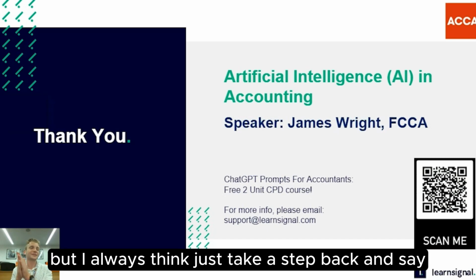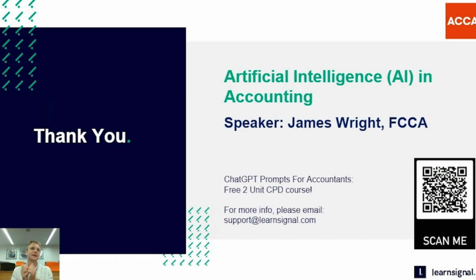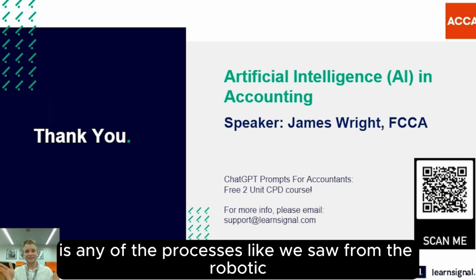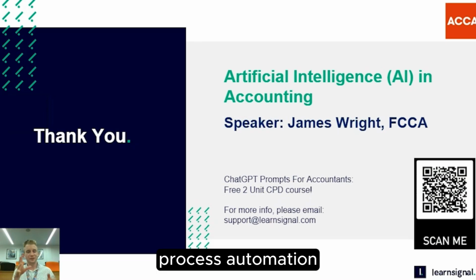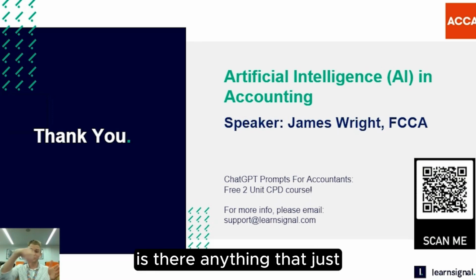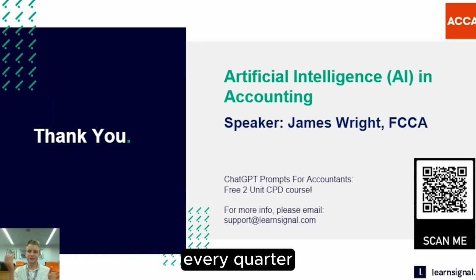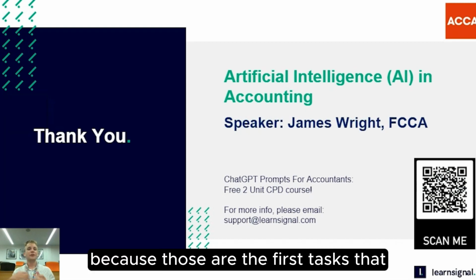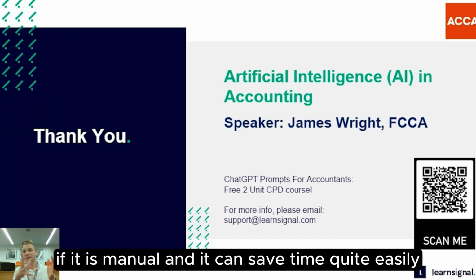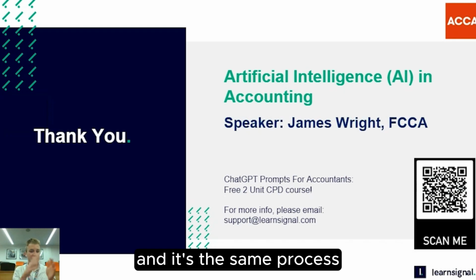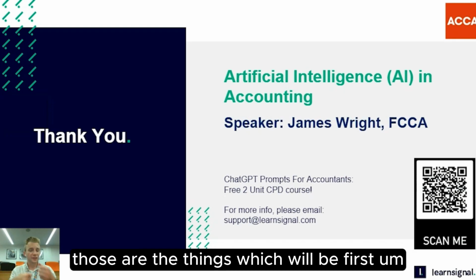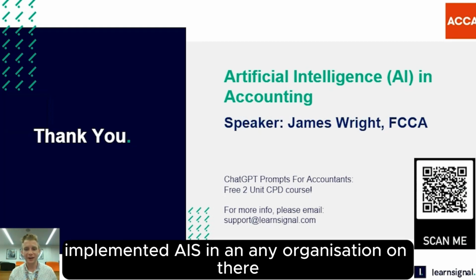But I always think, just take a step back and ask: like we saw from the robotic process automation, is there anything that gets done the same every month, every quarter, every year? Because if it is manual and it can save time quite easily, and it's the same process, those are the things which will be implemented first AI-wise in any organization.